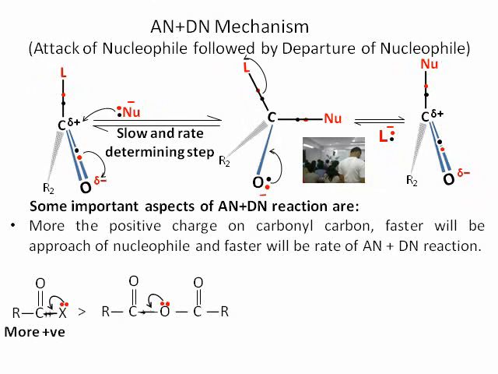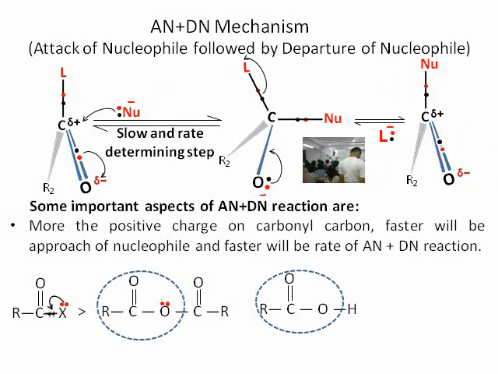If we compare acid anhydride and carboxylic acid, the common part is this one, remaining part R, CO and H are different, and this difference will change the extent of positive charge on the carbon.